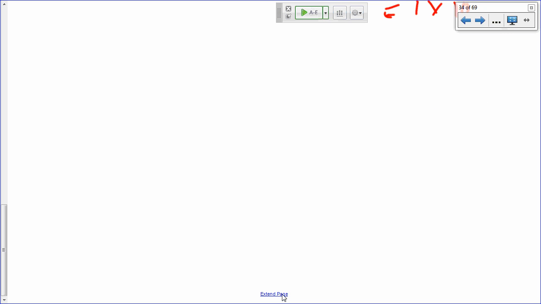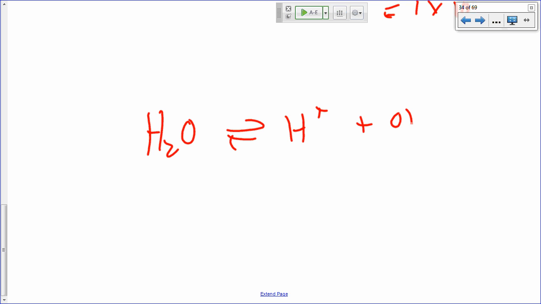Remember, your H2O autoionization gives you H plus plus hydroxide. Your H plus is now at least 0.001, right? So if this water is going to give you more H plus and hydroxide, it's not going to give you 10 to the negative 7 anymore.